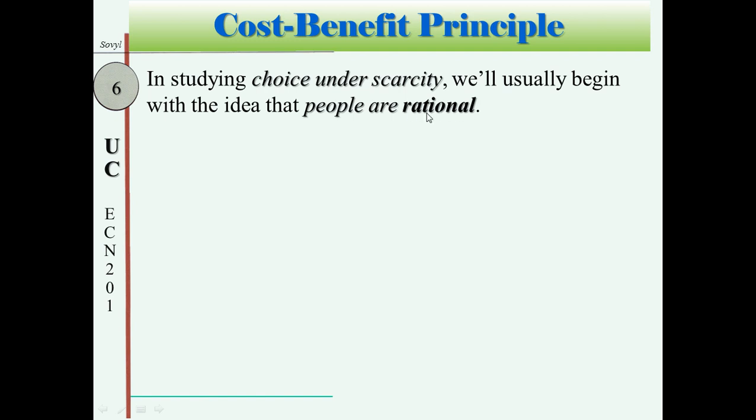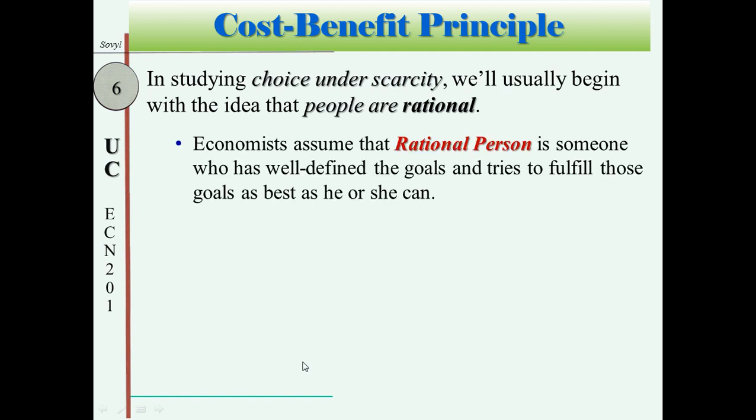What does rational mean? You can see down here, in our language, economists assume that a rational person is someone who has well-defined goals, objectives or plans and tries as hard as he or she can to fulfill those goals.